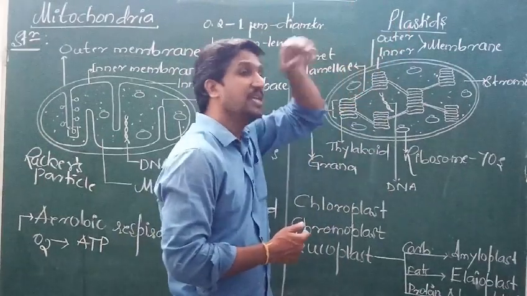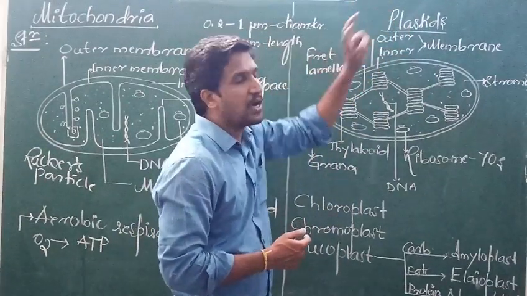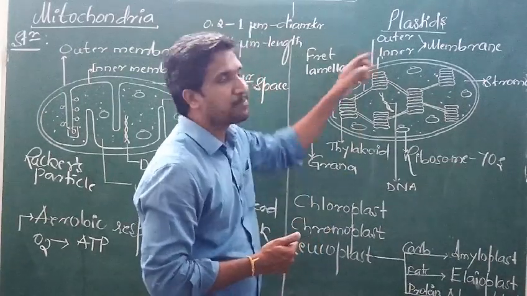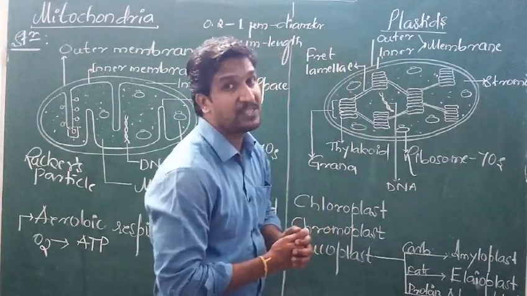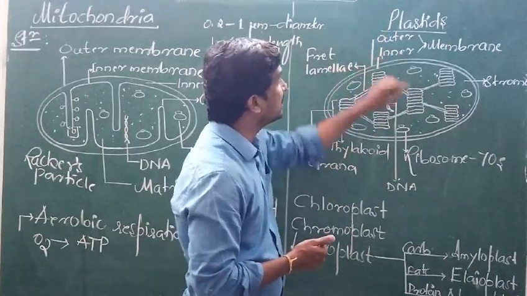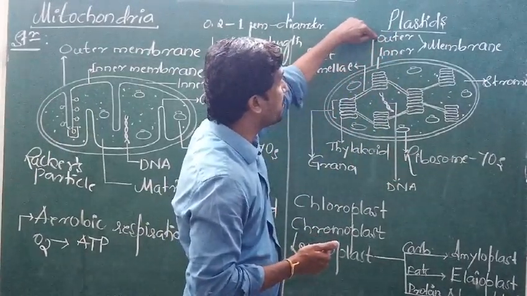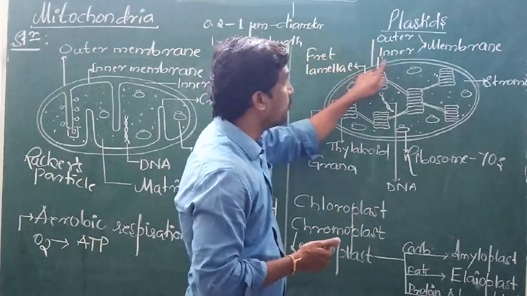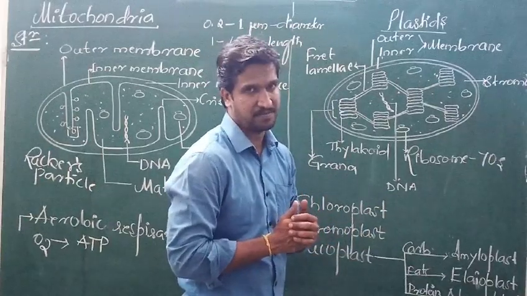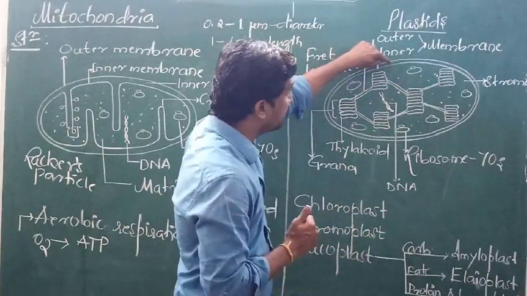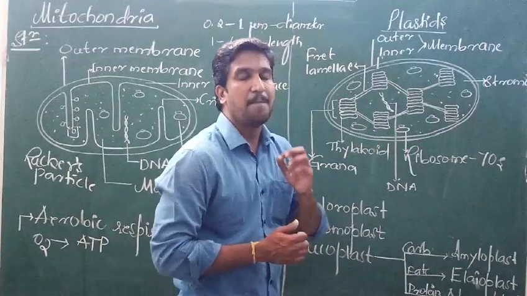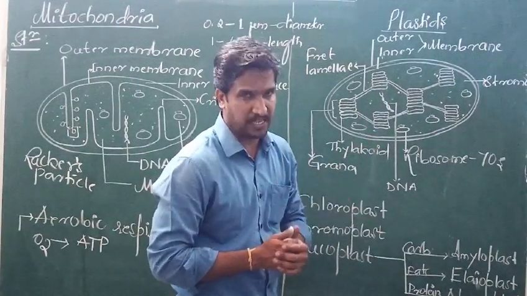Let me tell you once again. Plastids are double membrane bound cell organelles, present in plant cells as well as certain euglenoids. The plastid structure is made up of two membranes, an outer membrane and an inner membrane. Both membranes are continuous, and in between the two membranes there is a space called the periplastidal space.